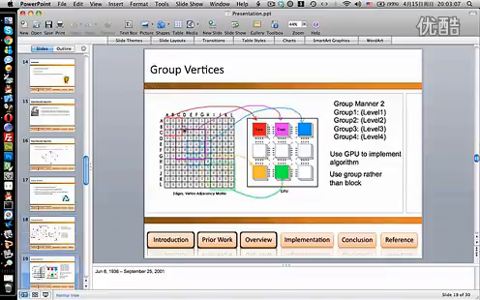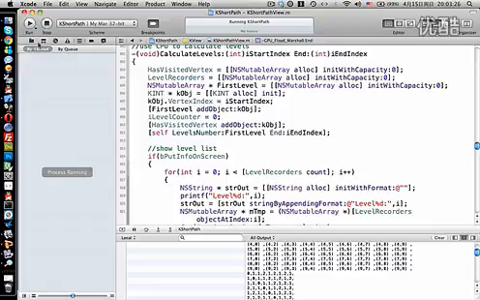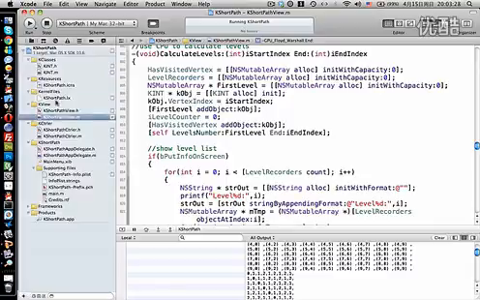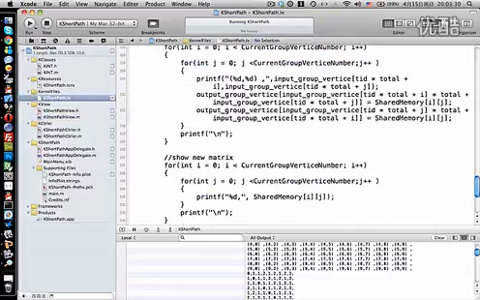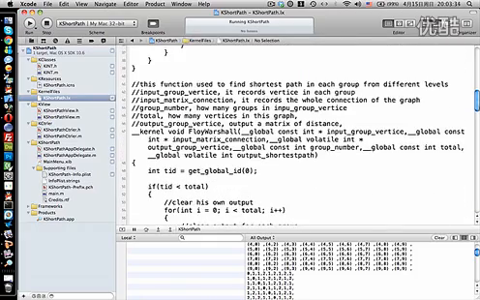And then what I do is put each group into the GPU, and use GPU to do the Floyd Warshall algorithm and recalculate the vertex by this code. So this is GPU code, the GPU kernel function.